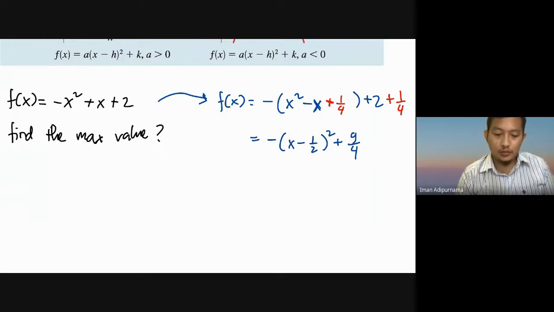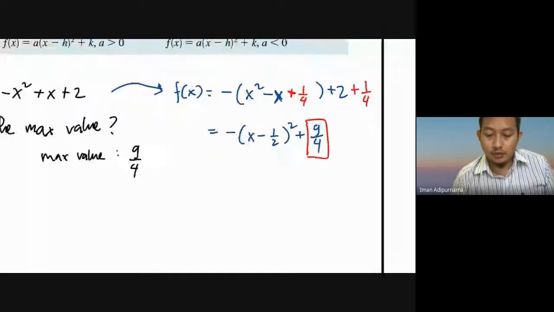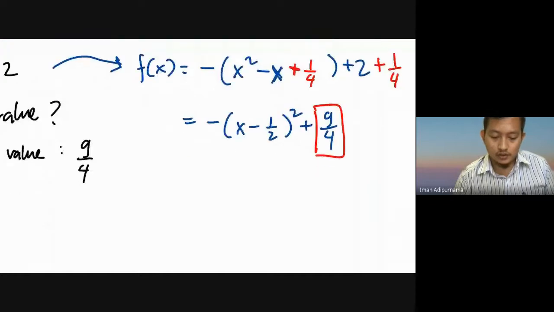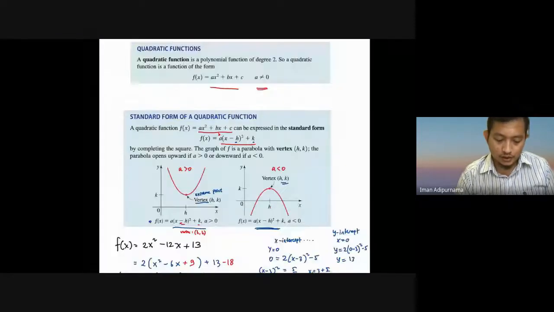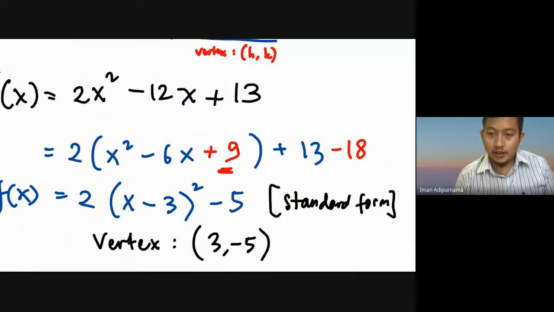Okay, from here, we know that this is the maximum value. So the max value is 9 over 4. Let me just explain from here. Do you get it? Why I get 9 here, Jordan? Look at the 6. 6 divided by 2 is 3, squared is 9.